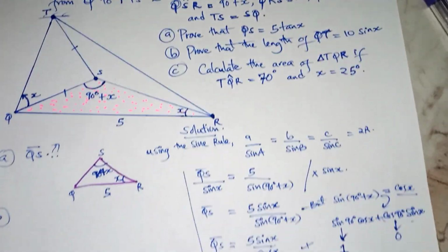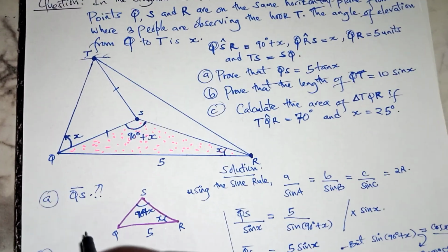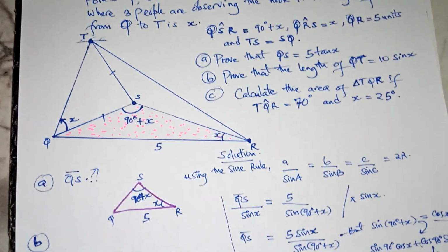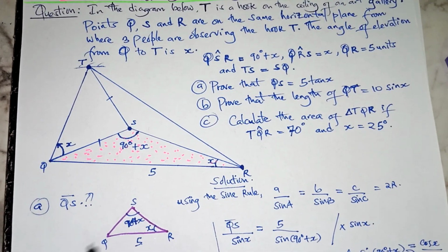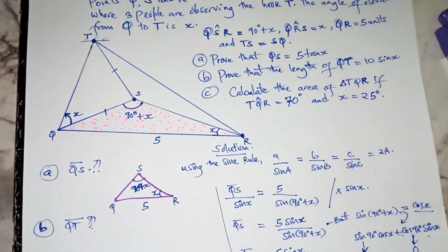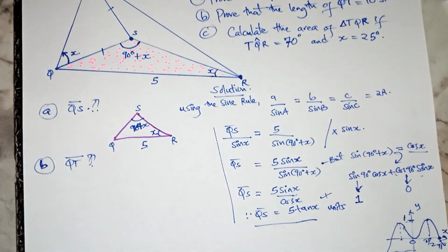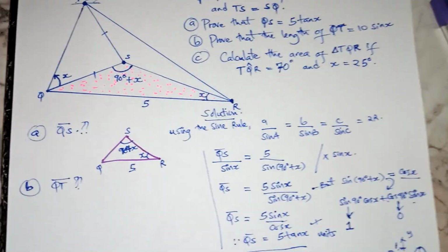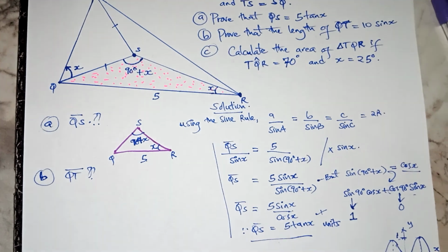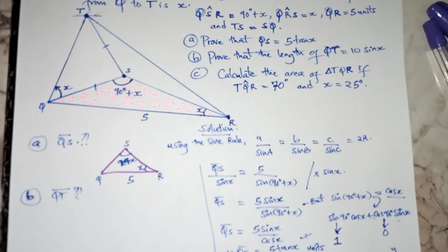I know you guys are already ahead of us, like your mind's already telling you QT what. So we are now looking at QT. With these questions that say prove and show that, you can always mark yourself even before moving out of the exam room. You know you've either nailed it or it has.